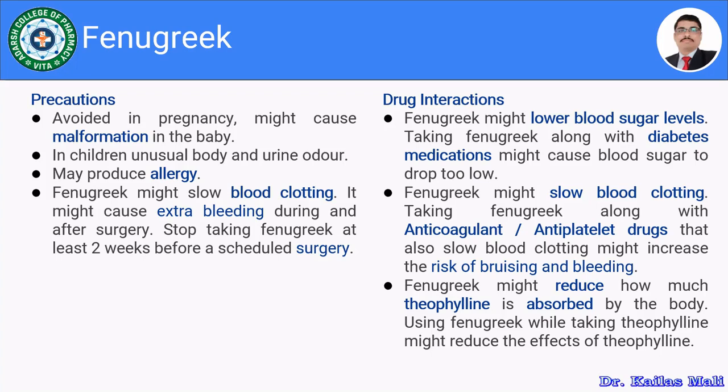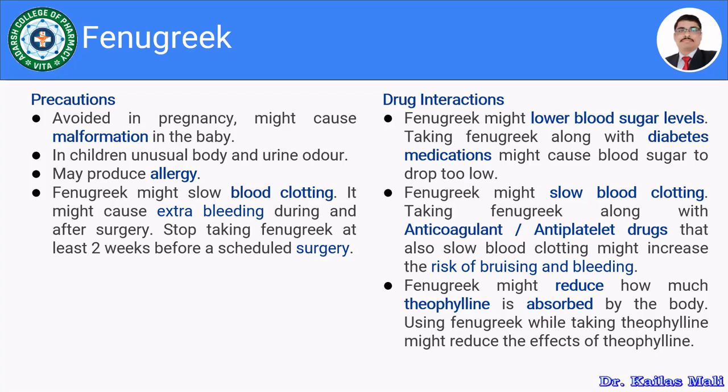Taking fenugreek along with an anticoagulant or antiplatelet drug also slows blood clotting and might increase the risk of bruising and bleeding. As fenugreek slows blood clotting, and anticoagulant as well as antiplatelet drugs also slow down blood clotting, there might be a synergistic effect, and that may lead to bleeding in the patient.